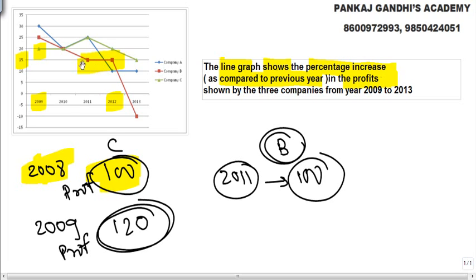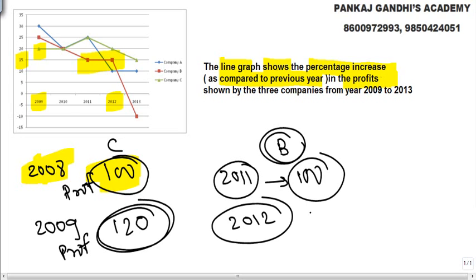The line is looking the same, which means 10 to 11 B's profit increased by 15%, and again 11 to 12, look, this value suggests the percentage increase in the profit of B from 11 to 12 is 15%, meaning if in 2011 it was 100, it will be 115.